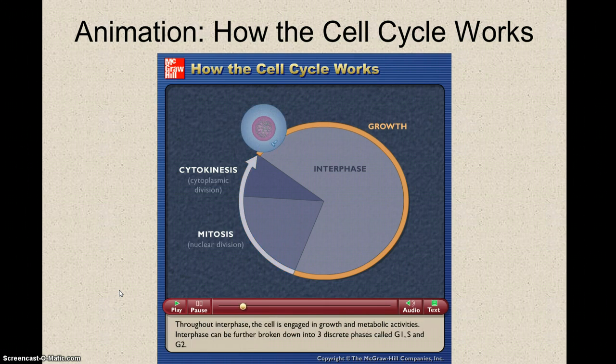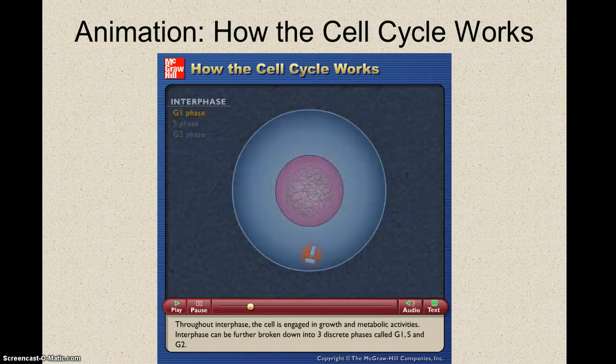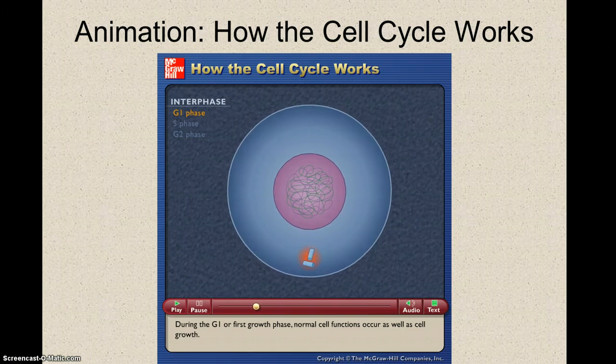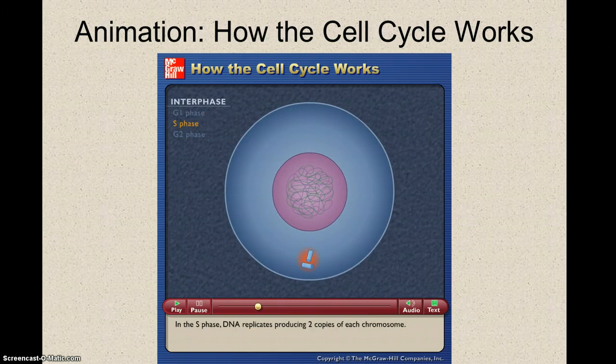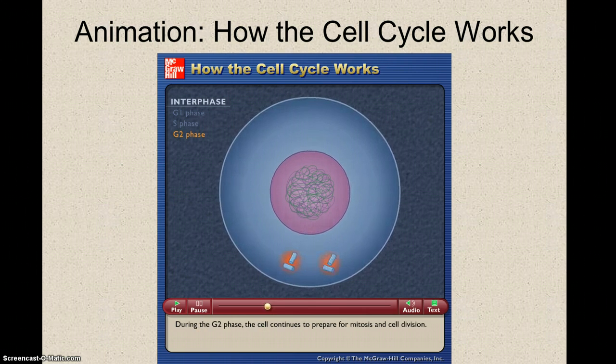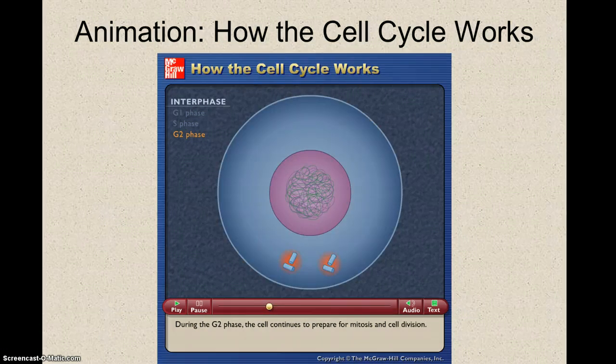Interphase can be further broken down into three discrete phases called G1, S, and G2. During the G1, or first growth phase, normal cell functions occur as well as cell growth. In the S phase, DNA replicates, producing two copies of each chromosome. During the G2 phase, the cell continues to prepare for mitosis and cell division.